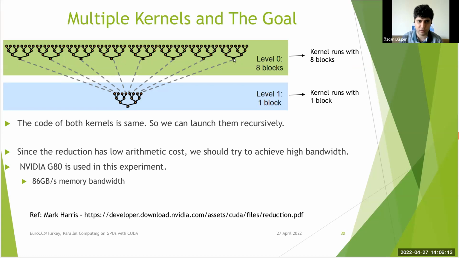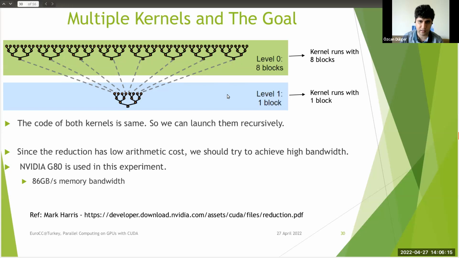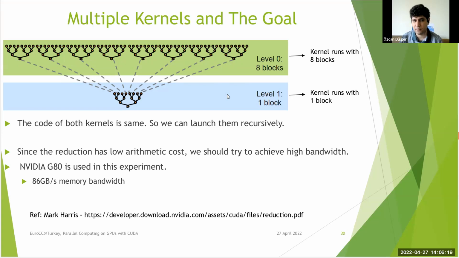And we do this in the second kernel run with the blue one. So in the blue one, we combine the outputs of the blocks in the previous kernel run. Then we do the same reduction again with one block, and we get the overall output. The code of both kernels is the same, so we can launch them recursively.